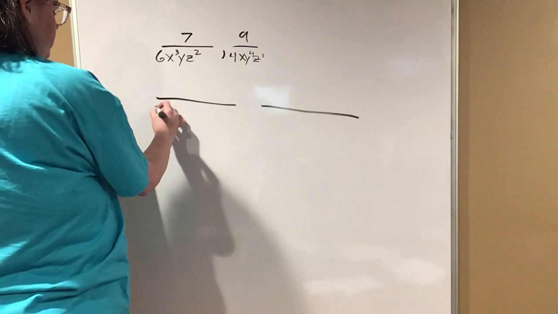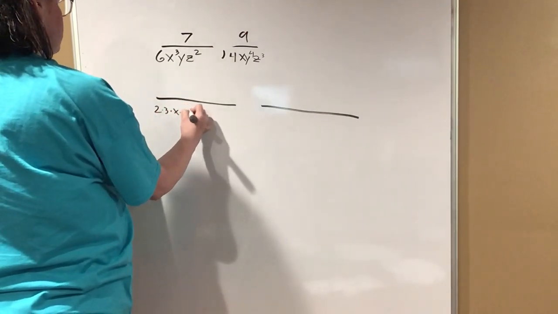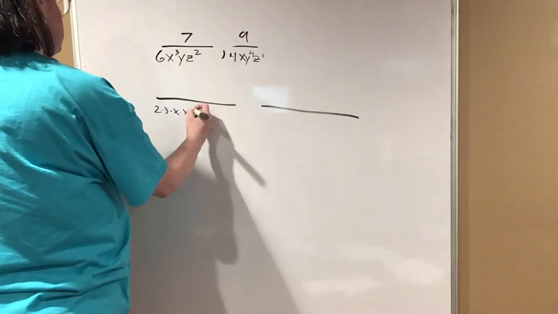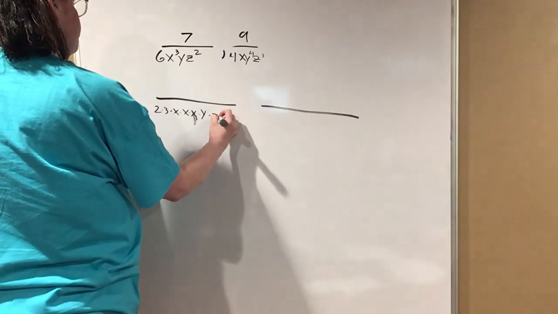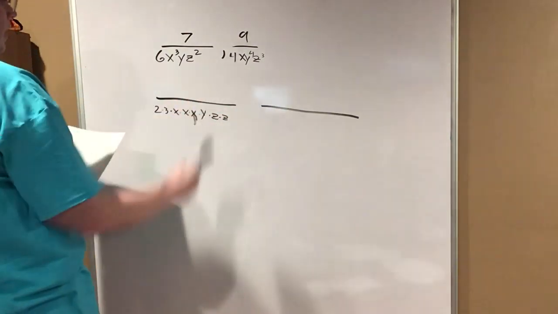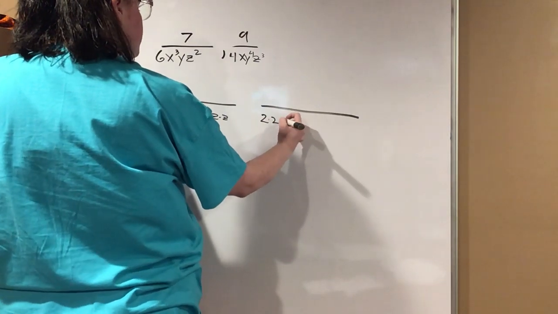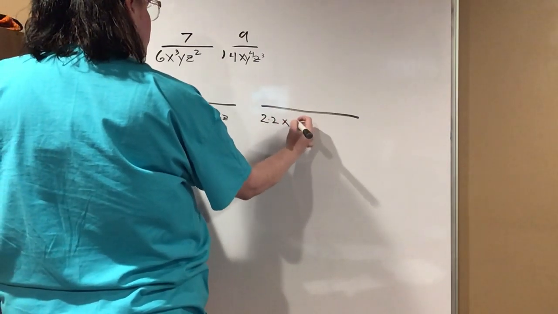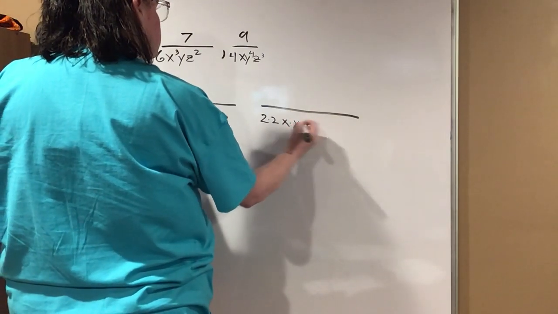So the 6 has a 2 times 3, and then there are 3 x's, 1 y, and 2 z's. This guy has a 2 and a 2, and then it has an x and 4 y's and 3 z's.